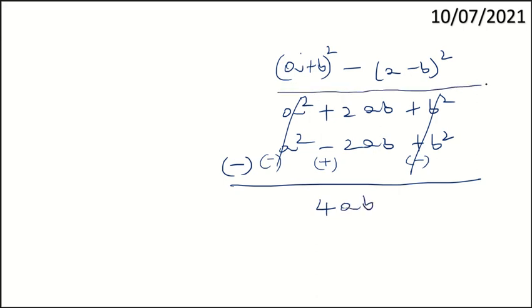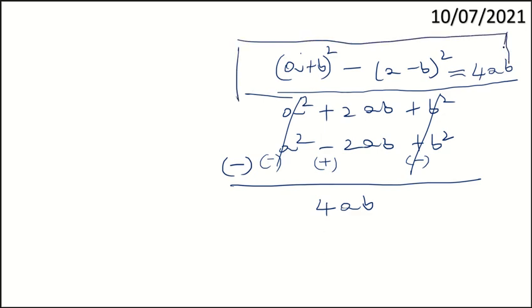So (a plus b) whole square minus (a minus b) whole square is 4ab. This is also one of the identities which you have to remember in class 9. In class 8 you learnt only (a plus b) whole square separately and (a minus b) whole square separately. Now on that, some more applications you have to take as identities only. (a plus b) whole square minus (a minus b) whole square is 4ab. That is the way we are using here.